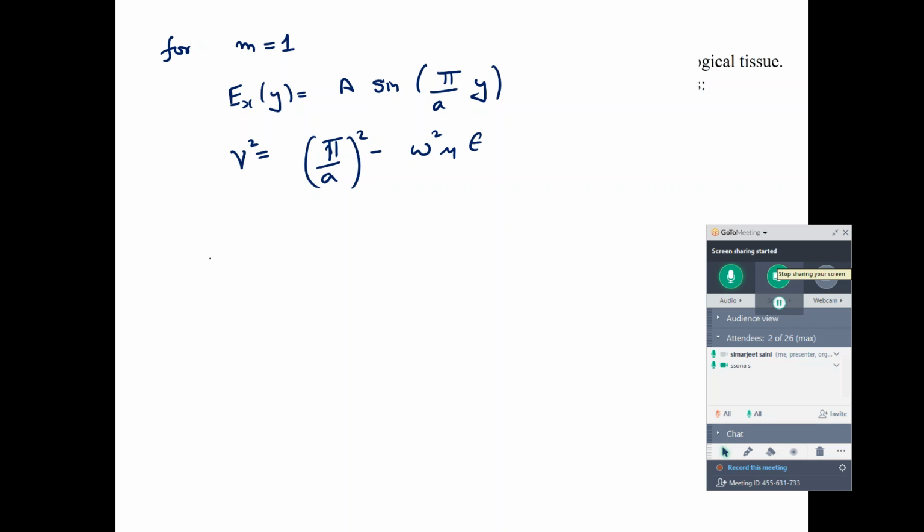If I plot it, what would it look like in the x and y directions?